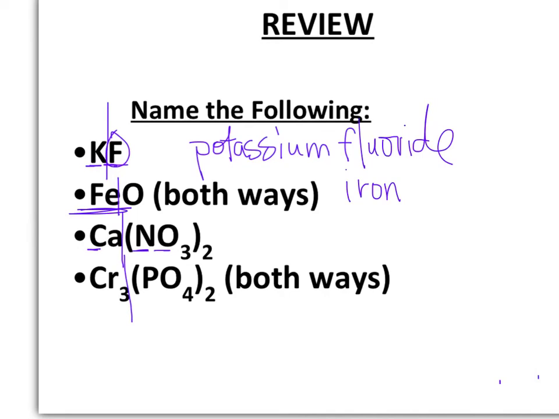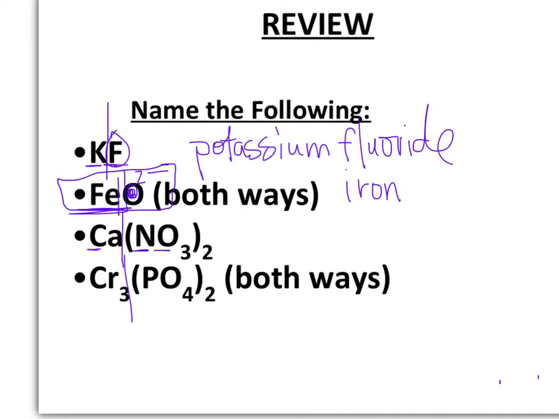Now that's going to get a little dicey at this point because we haven't done this yet, but let me show you. Well, we haven't done it completely. This is oxygen, right? Oxygen normally has a 2- charge because it is family 6, it gains 2 electrons. Ionic compounds are neutral.